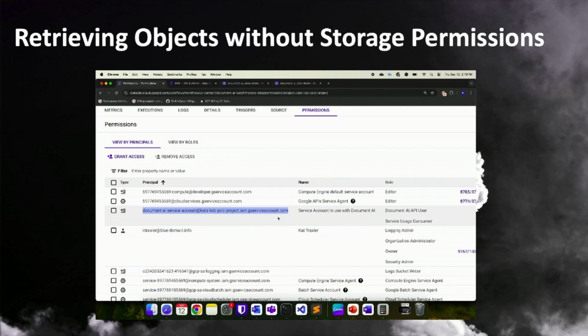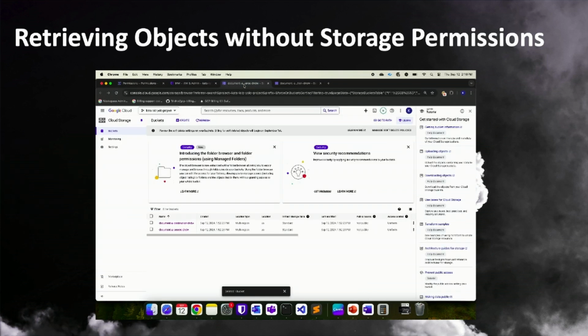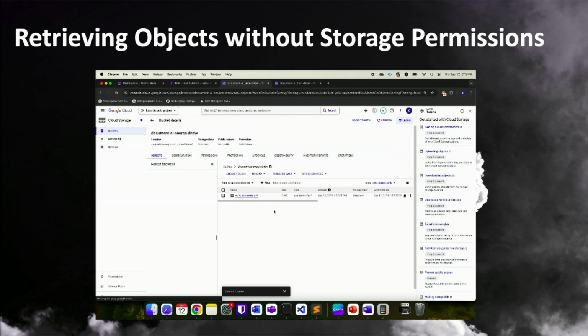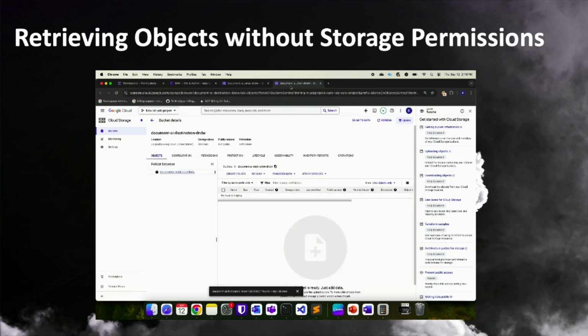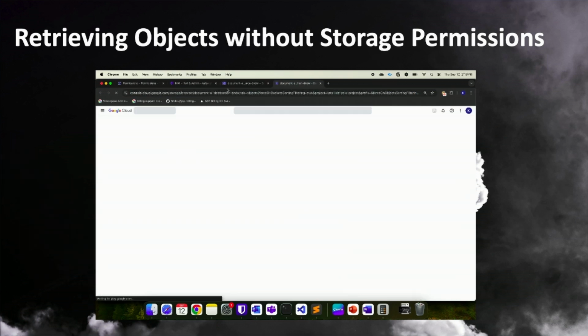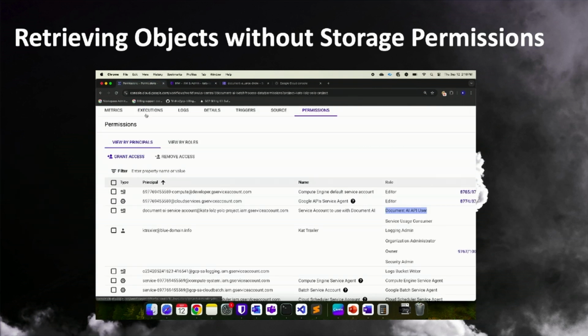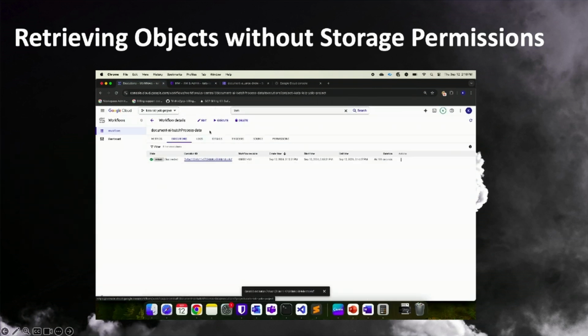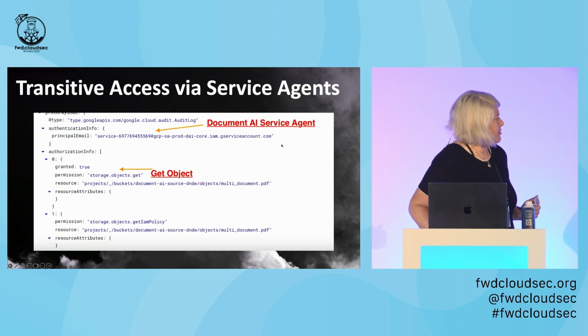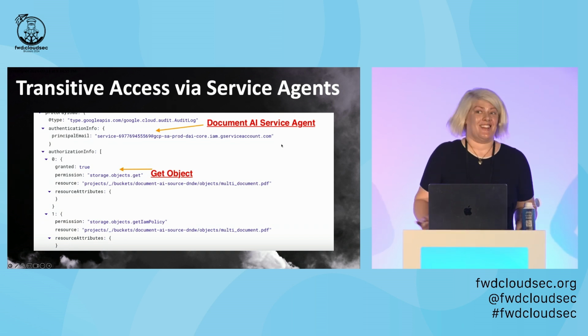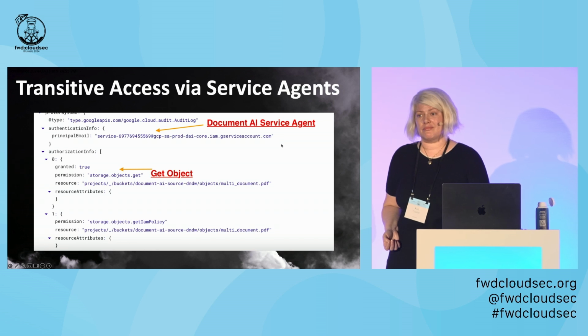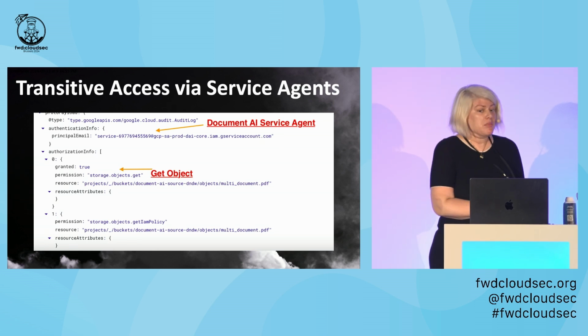In this case, it's going to really do nothing. And then plop it in this destination location. When we run it, it actually is going to run it as the service agent. That's the interesting part.